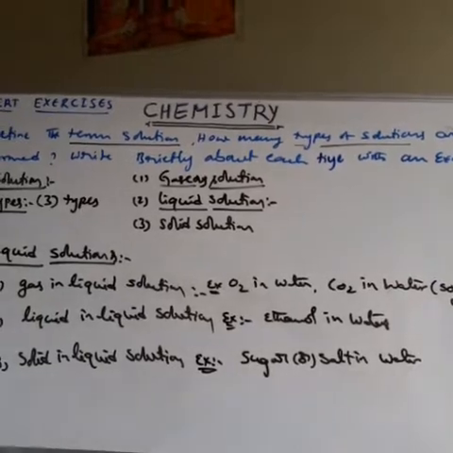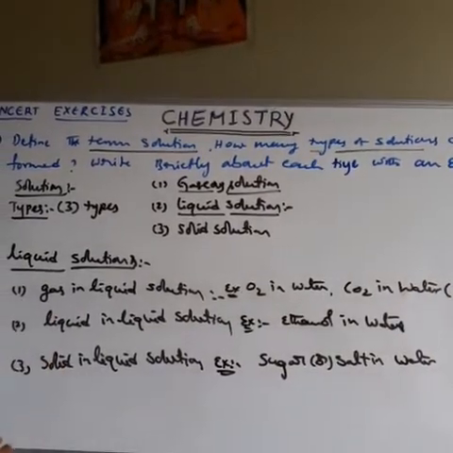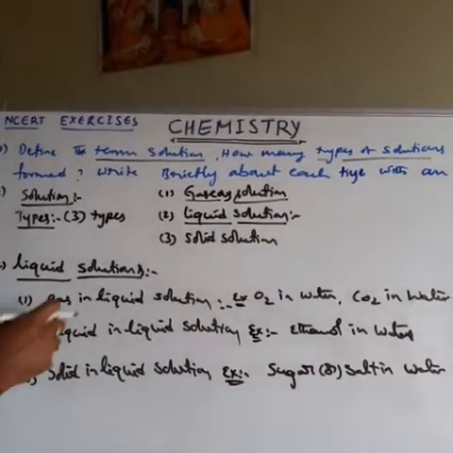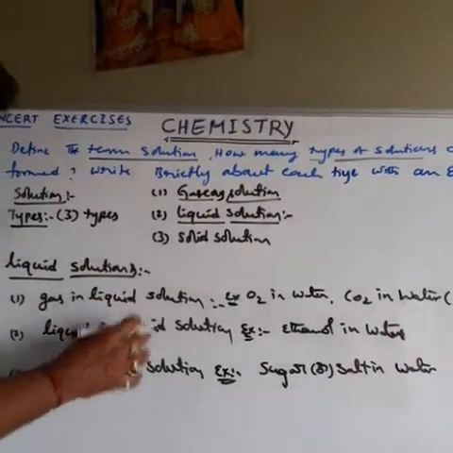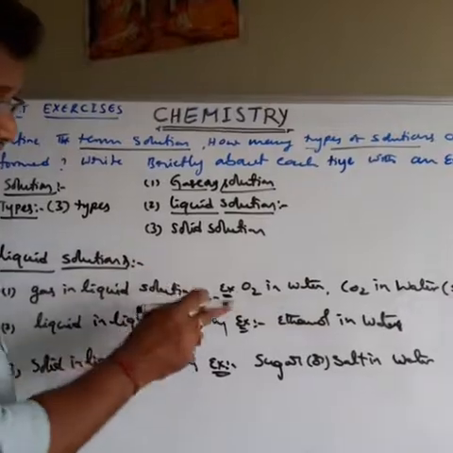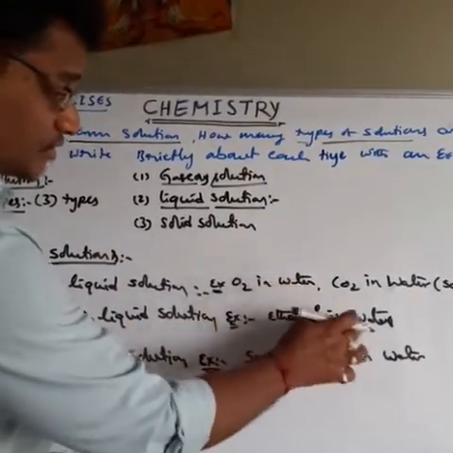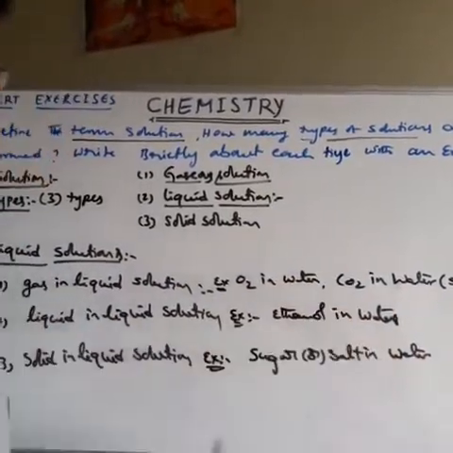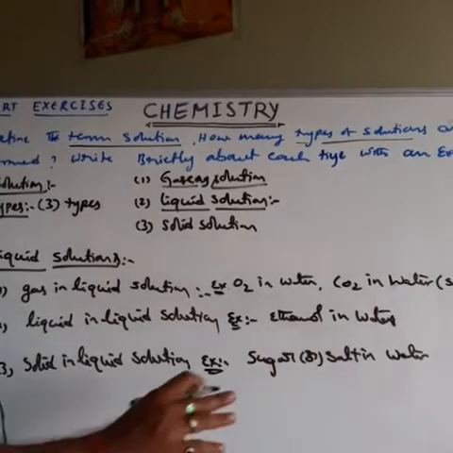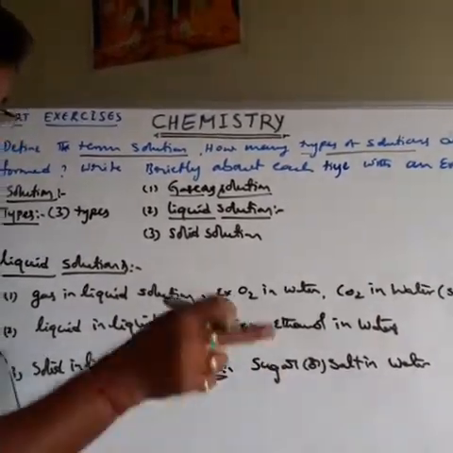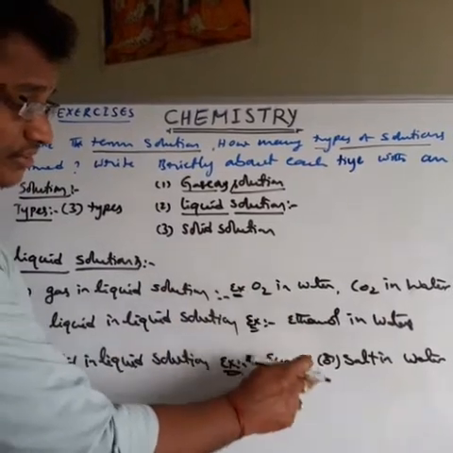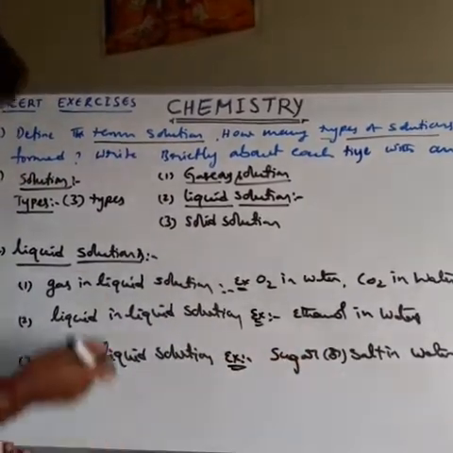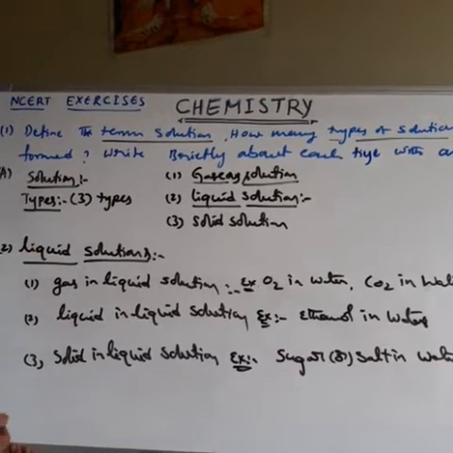In all these three types the common solvent is liquid, water. The solvent's physical state does not change, but the solute's physical state changes. Here the solute is gas, here liquid, here solid. So that is about liquid solution types.